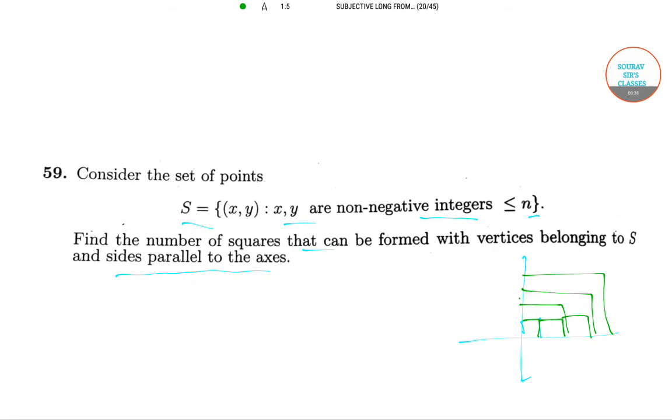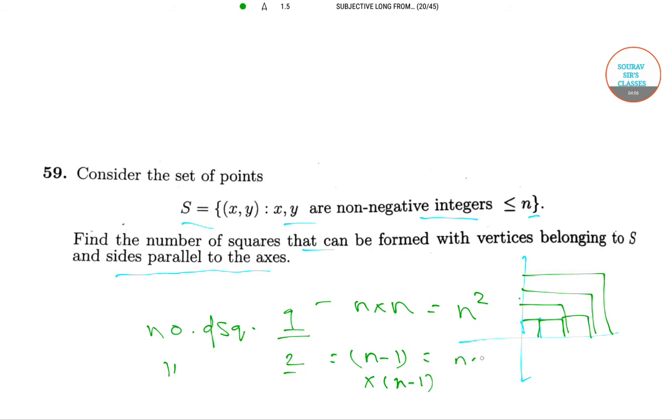So the number of squares with sides of unit length, that is when length would be 1, is n into n, that is n squared. Now the number of squares with length as 2 units will be n minus 1 into n minus 1, which is n minus 1 squared, and it will go on so.